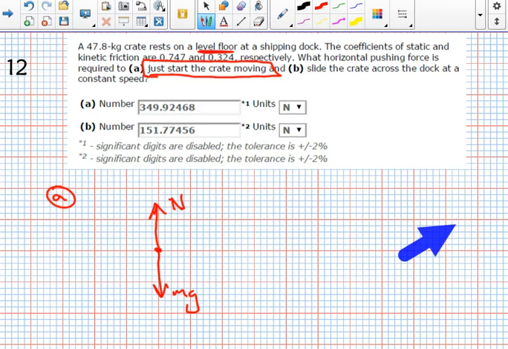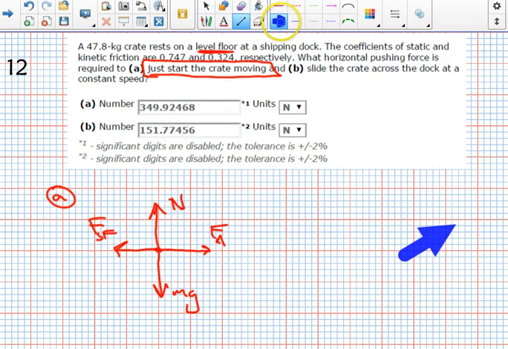And they want our applied force to be just large enough to start it in motion. So basically, the last possible moment of equilibrium. In other words, we are looking for this force of static friction. So our goal is really, ultimately, just to find the force of static friction.